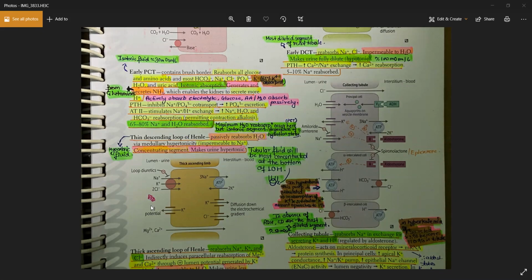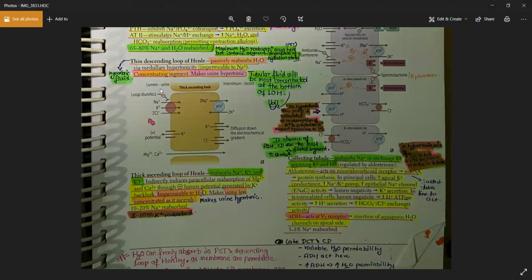Okay, now you have the ascending loop of Henle, and it is opposite to the descending limb. After the descending loop of Henle, every portion of my nephron is impermeable to water. The cell membranes are made such that they cannot transfer water through them without the presence of any transporter.